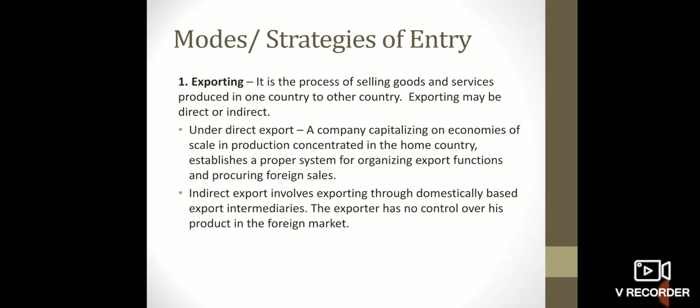But in indirect export, we sell to someone in that country. The whole product is sold to one particular person or group, and the person to whom we have sold is going to sell in that particular country. We don't have any control in the foreign market.